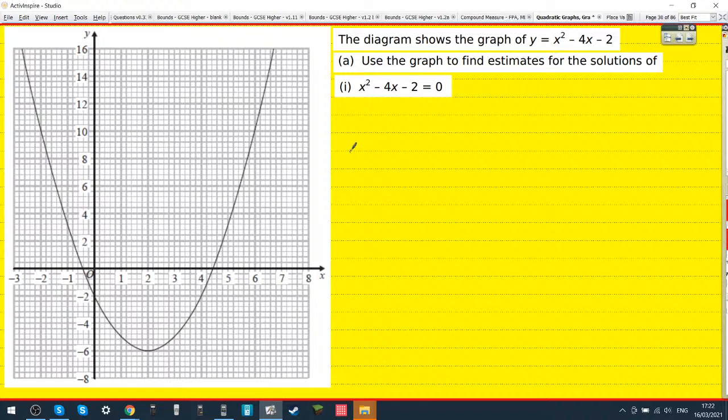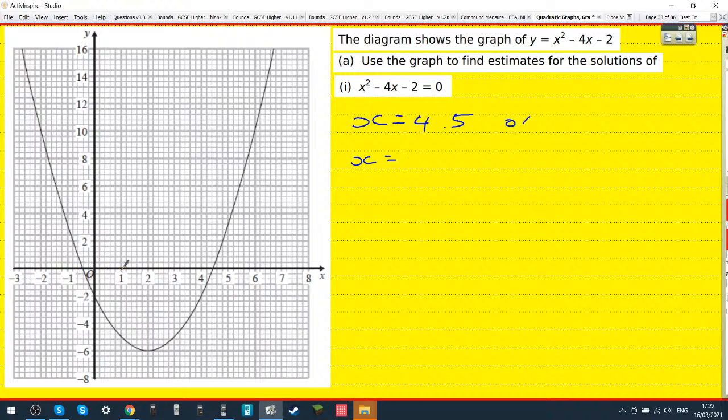Okay, so when it's 0, you need to find x. So x is 4.5. Right. The other one is also 0.